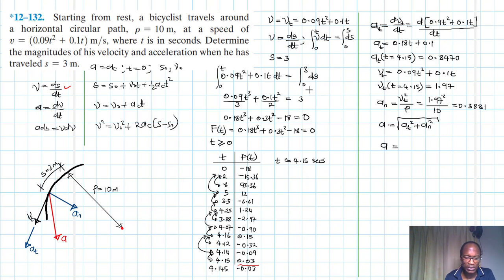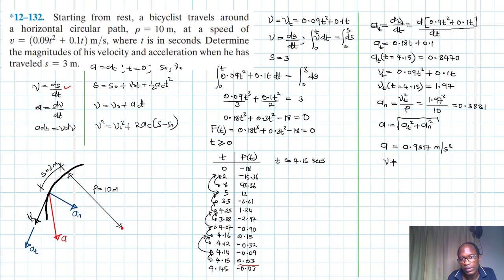In our a, the magnitude is just 0.9317, and the units are in meters per second squared.